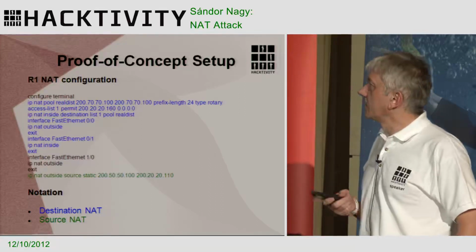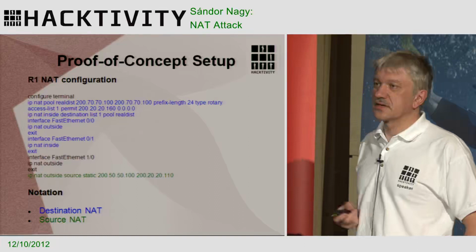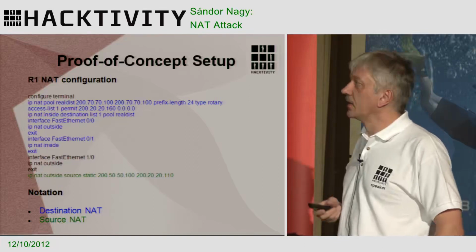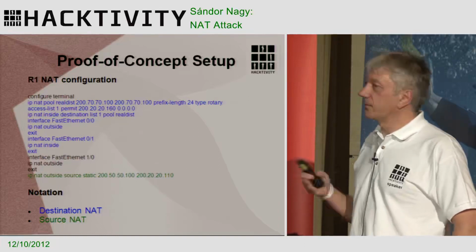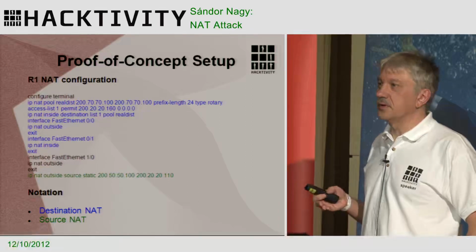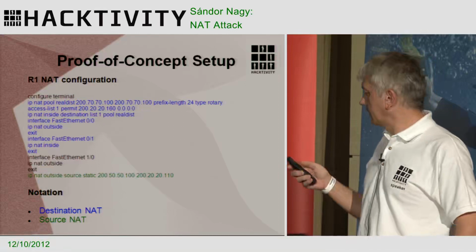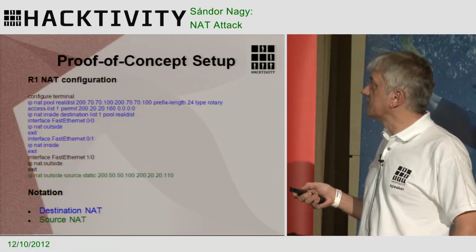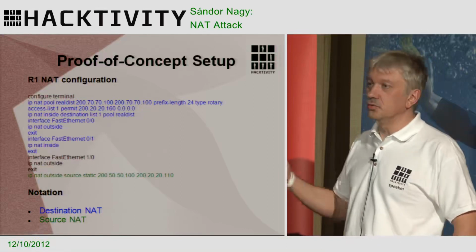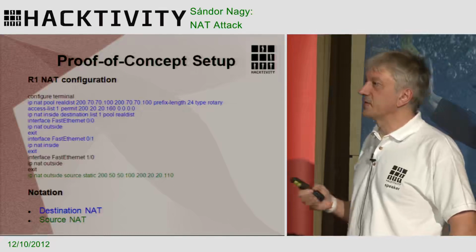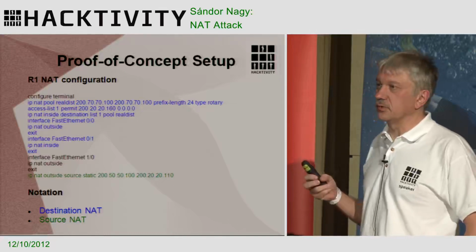With this pool, in this case, is just one IP, so the first and the last IP of the pool is the same, and this is the victim's IP. So this is the victim's IP, and this is the new address, the translated address for the incoming packets.